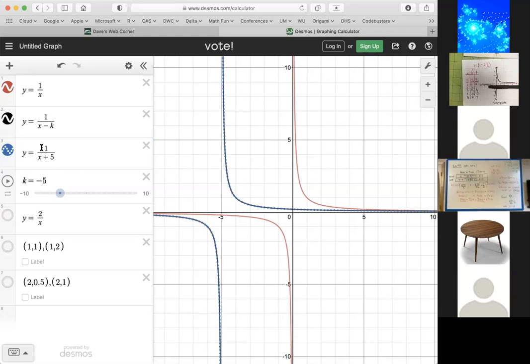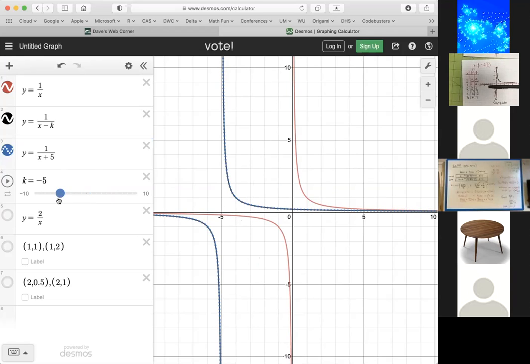Notice that 1 over x plus 5 moves the graph 5 units to the left. Now it's centered at minus 5. That's where the disaster is, minus 5. So what I just did right there is fancy words called horizontal translation. I translate the graph horizontally.